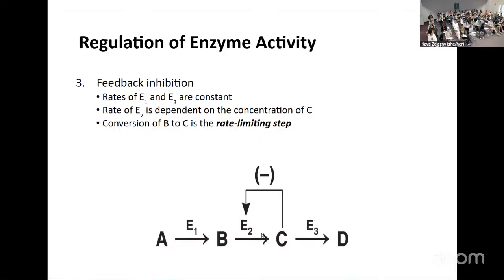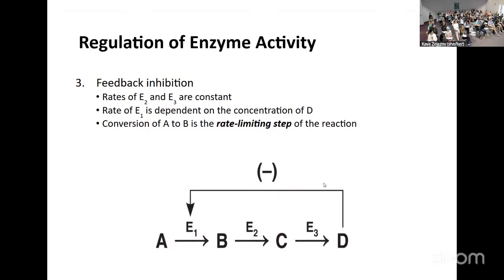So if we're producing a lot of our product C, intermediate C, we'd slow down that B to C step, making it a rate limiting step by slowing it down, so that we can smoothly go straight to D.